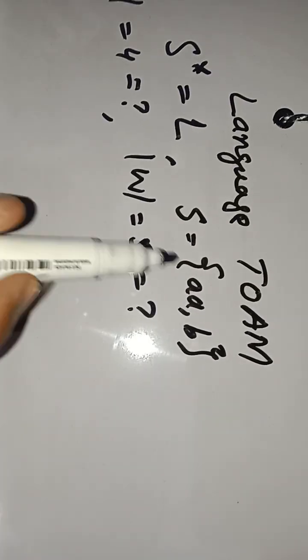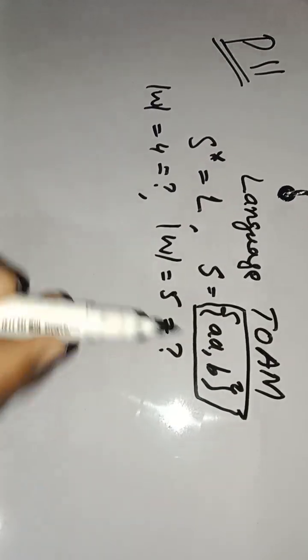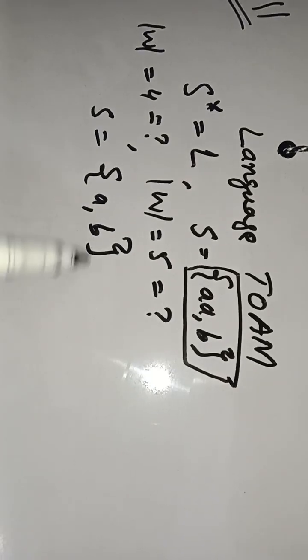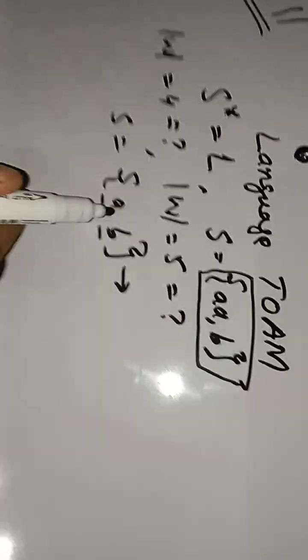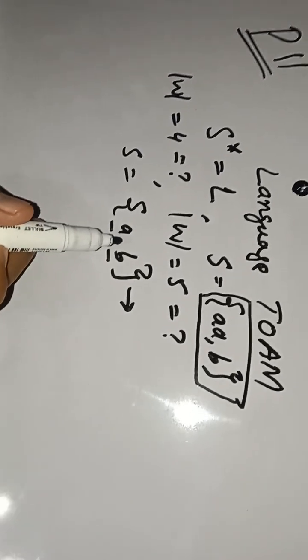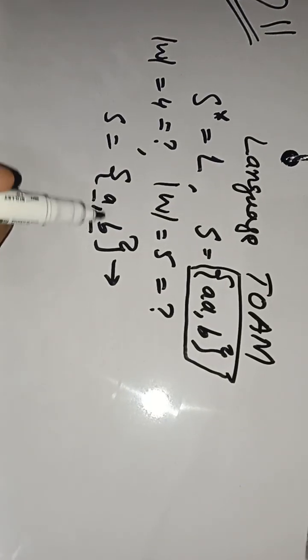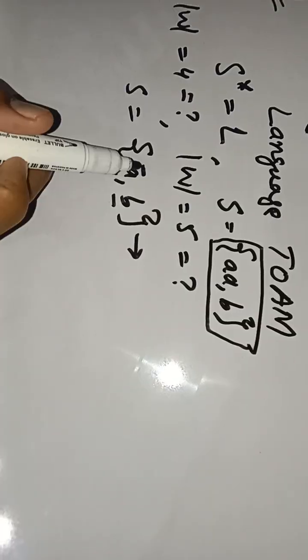This scenario is a bit changed from the scenario where S was equal to {A, B}. Now AA, B is a language of single symbols only. In this type of situation, the length takes only a single position.